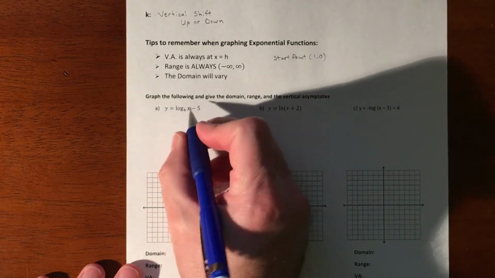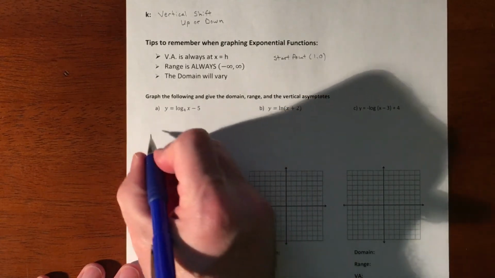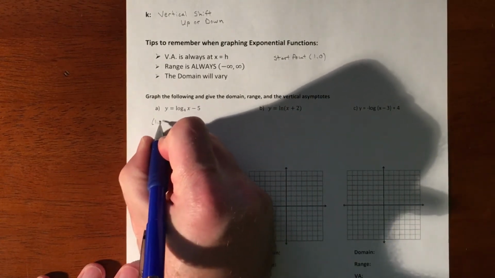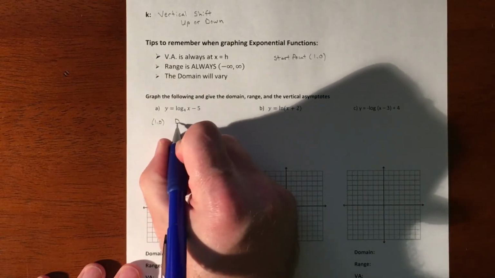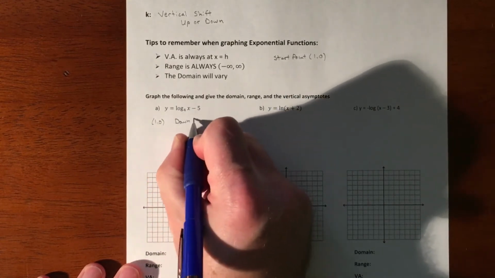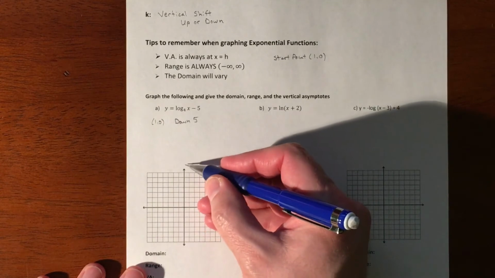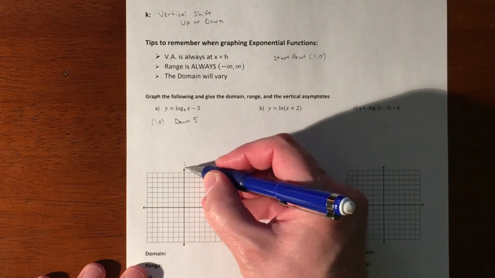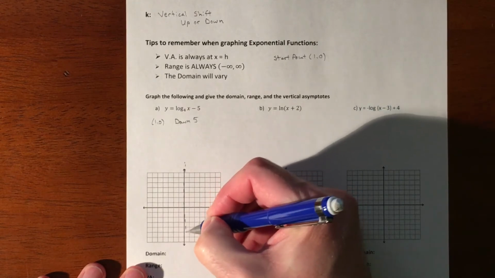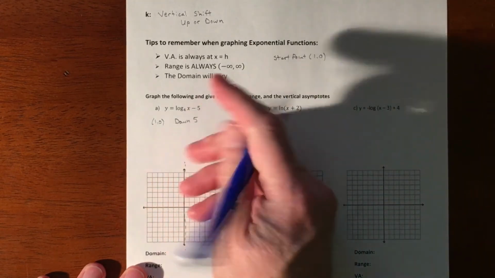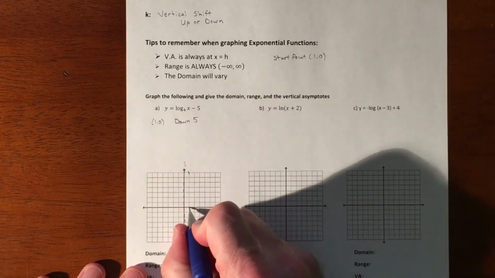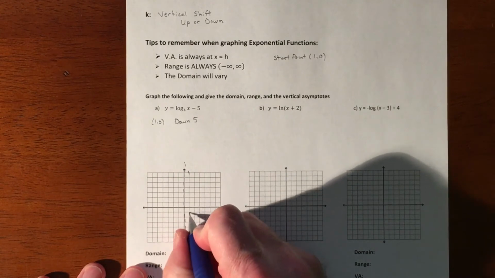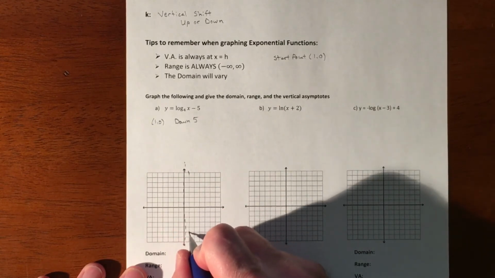So here is our log equation. We're starting at 1, 0, and we're going to shift down 5. Okay, so we have a vertical asymptote that is not shifting left or right, so that's going to stay. And then we're starting at a 1, 0, but it got shifted down 5. 1, 2, 3, 4, 5.